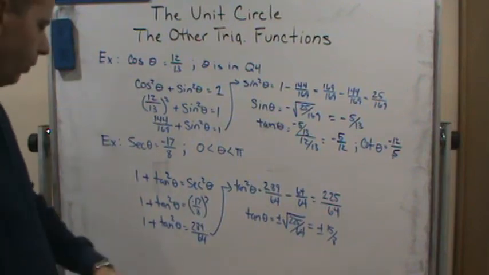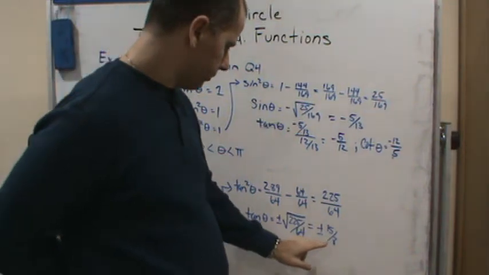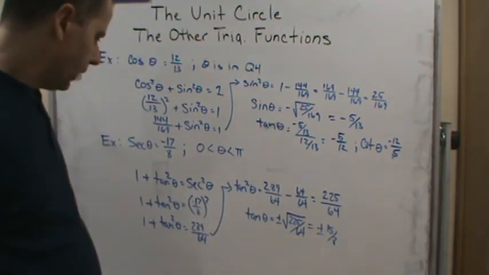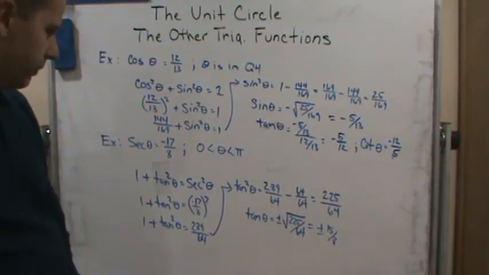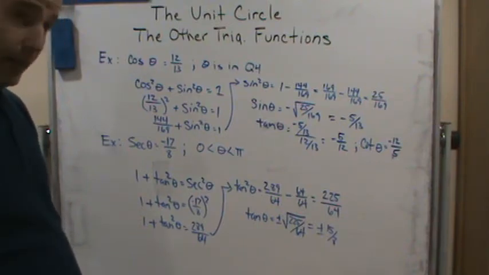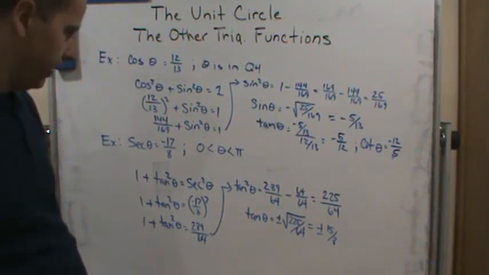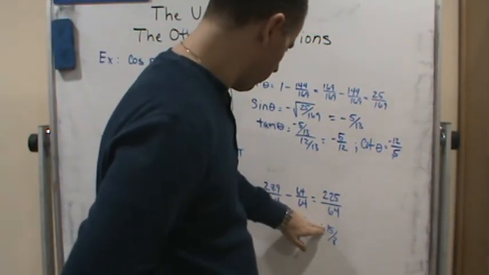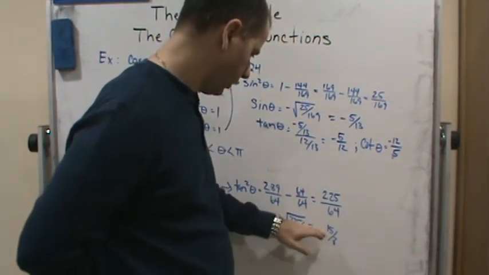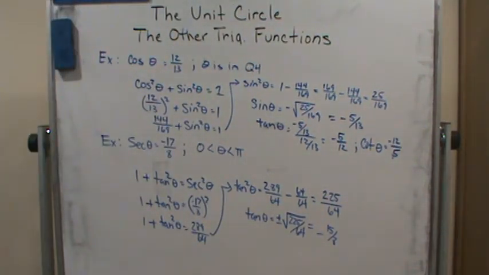Okay, now, what about this? Well, tangent, what? Tangent's negative in the second quadrant. Okay? So that means tangent theta is negative 15/8. Okay?